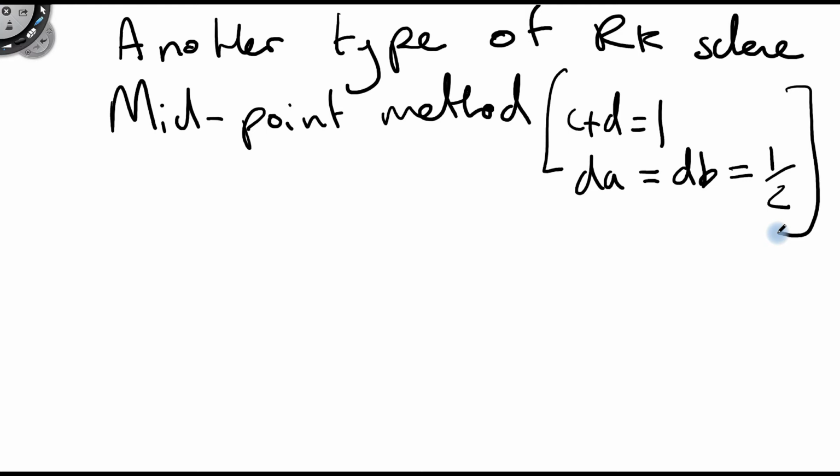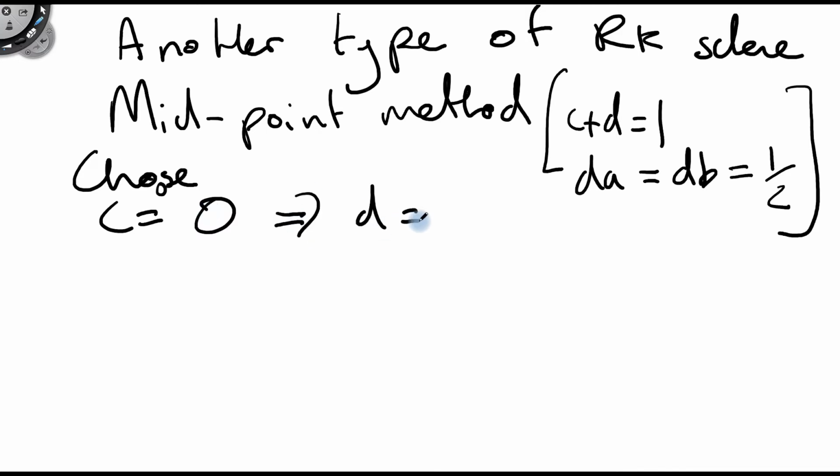Okay, so another choice then is that we could choose one constant, which is c is 0. That implies that c plus d has got to be 1. And that implies that dA, dB, the A equals B equals a half. And the scheme looks like this.